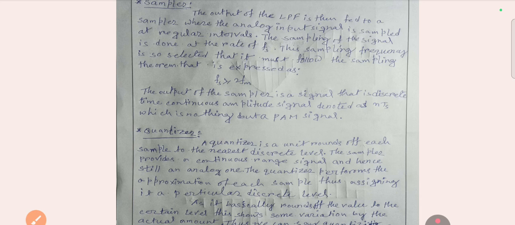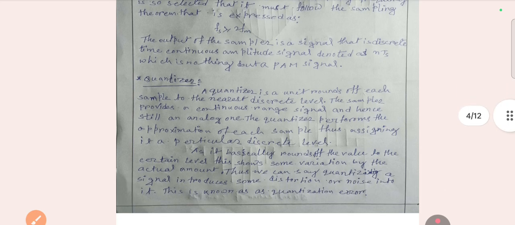Quantizer. A quantizer is a unit that rounds off each sample to the nearest discrete level. The sampler provides a continuous-range signal and hence it is still analog. The quantizer performs the approximation of each sample, thus assigning it a particular discrete level, as it basically rounds off the value to a certain level.